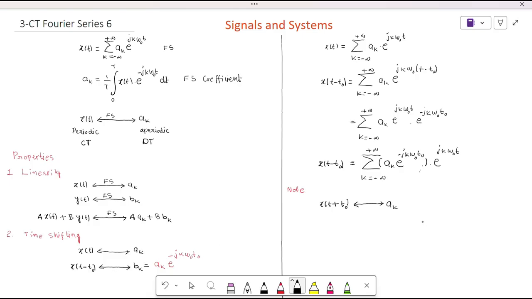Here for the minus shift we got the minus, so for the advance you should take the positive. So this is the time shifting.